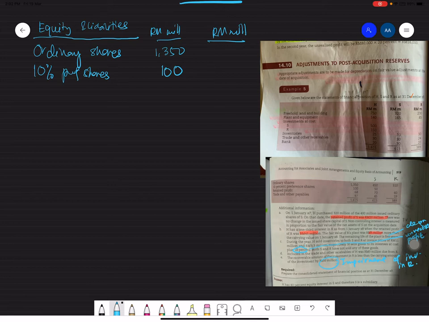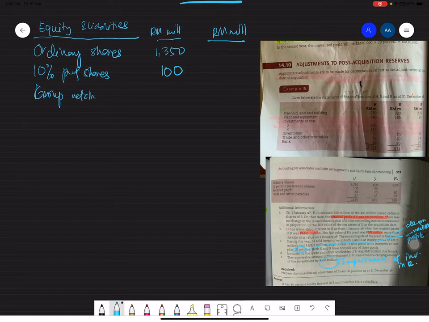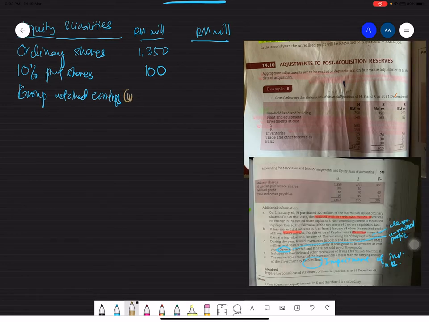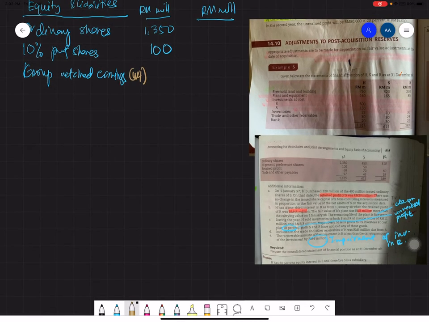Okay, so next, group retained earnings. There is a working for this. We'll need to do some working, so we put the working here.